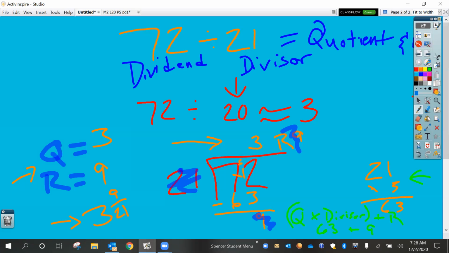I like showing my quotient times divisor plus remainder as an expression, doing the parentheses first. So I do the quotient times divisor, that gives us 63, and then I add the remainder, which is 9, which gives me back 72. And then I can do that beautiful, satisfying check mark, knowing that I'm right before I even turn in any work. I don't have to have anyone look at this because I know I'm right. You know you're right. And that's a good feeling.